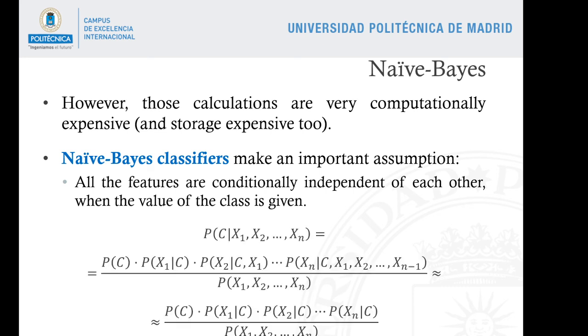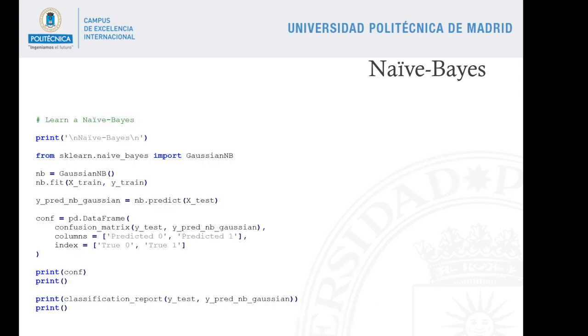In this case, we can simplify the formula like this: the probability of the class times the probability of each feature given the class, and omitting the denominator because it's just a normalization between all the labels of the class.